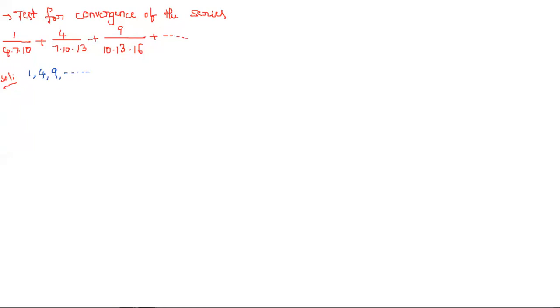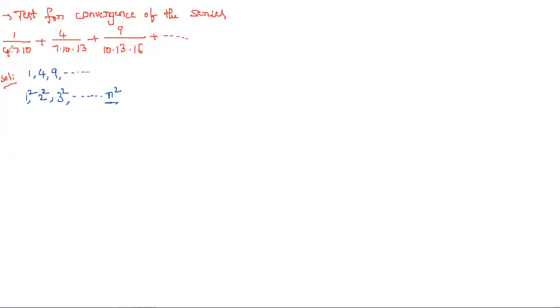No. So how can you write this? 1 is 1 square, 4 is 2 square, 9 is 3 square, and so on. The next terms may be 16 and 25. In the same way we get 1 square, 2 square, 3 square, and so on, so the nth term is n square. So the numerator has n square.